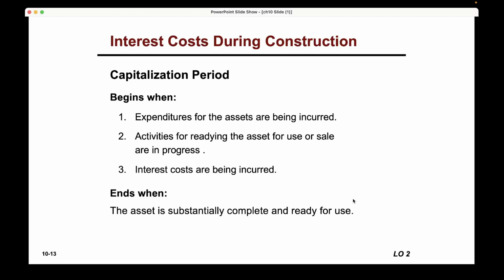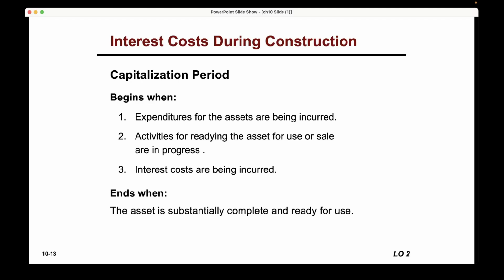The capitalization period ends when the asset is substantially complete and ready for use. At this point, no further interest cost can be added to the asset's value because it is ready to be deployed in operations or put up for sale.